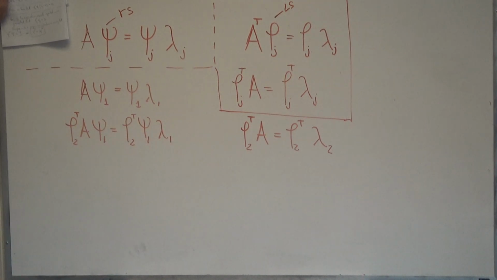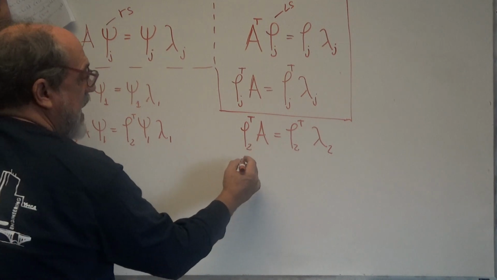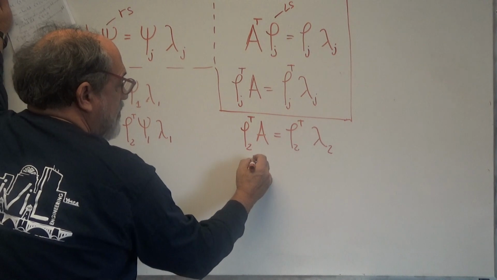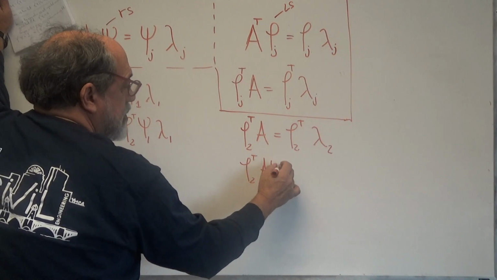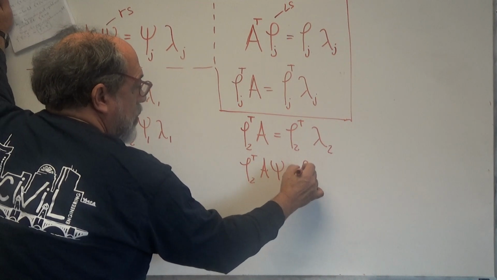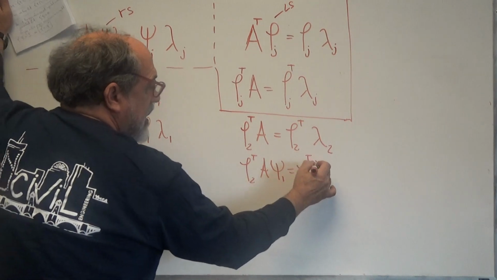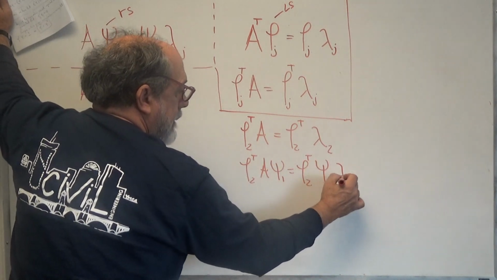Right? And if we post multiply this side by phi1, then we would have this situation, right?